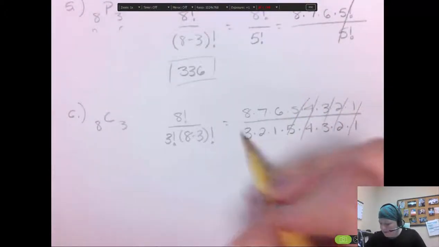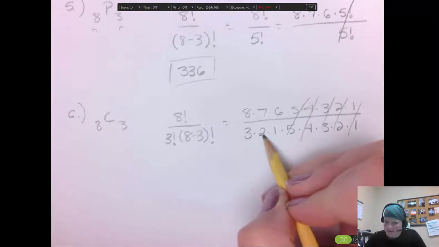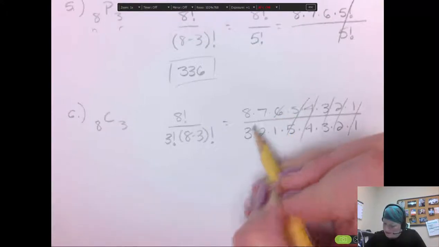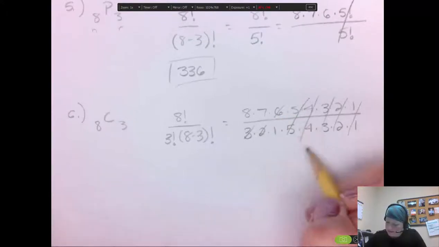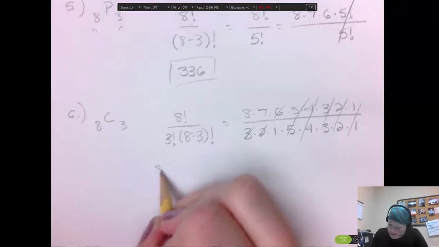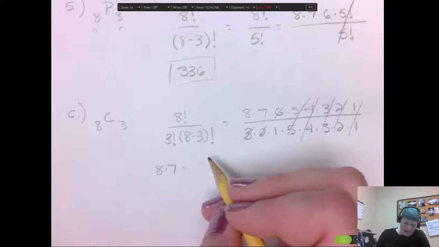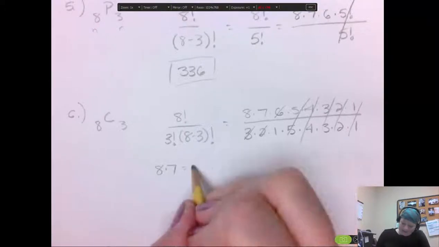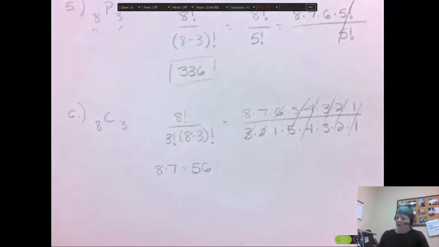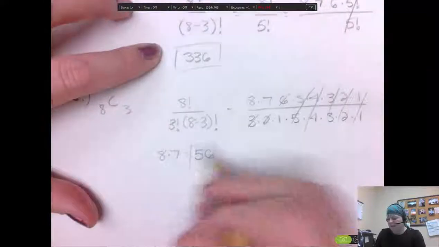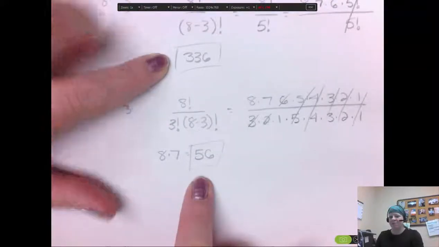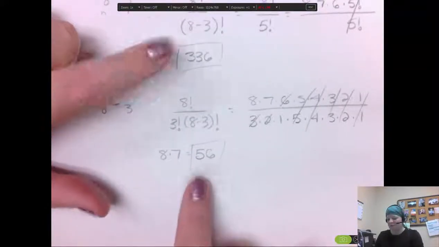And however you want to think of this, I think, well, 3 times 2 is 6. So this one would cancel with both of these, and the 1 doesn't really matter. So I end up with 8 times 7, which is 56. So it's a lot less options with a combination versus a permutation.